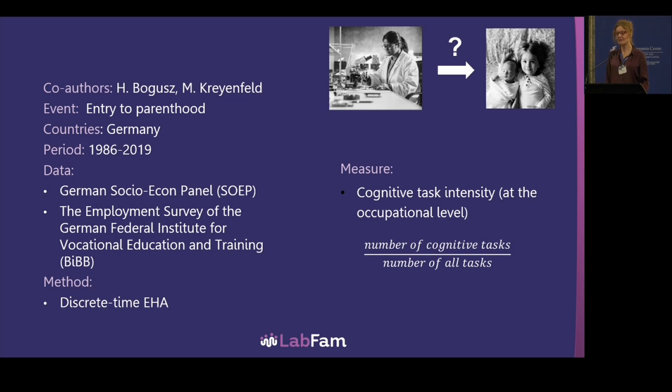These measures were plugged into the German Socio-Economic Panel at the occupational level. Then we used discrete time event histories to analyze how workers conducting jobs which are rich in cognitive tasks, versus jobs which are not, are related to the entry to parenthood.